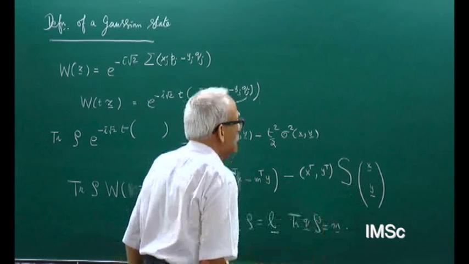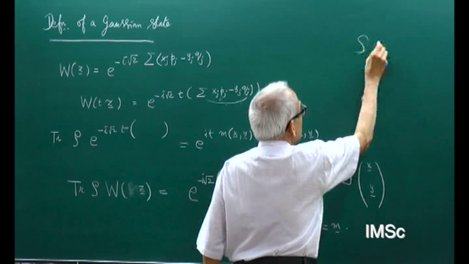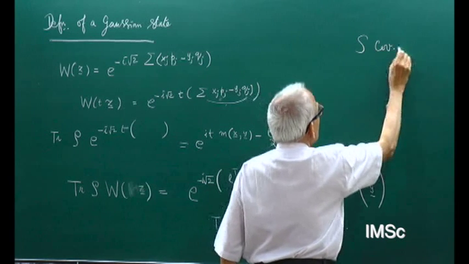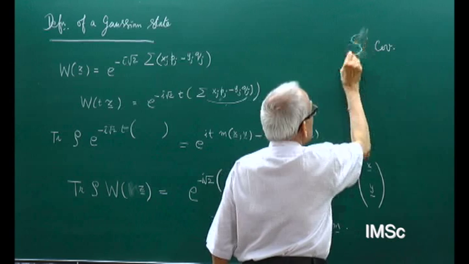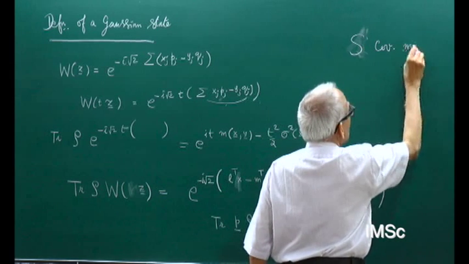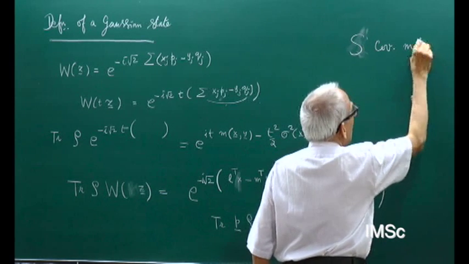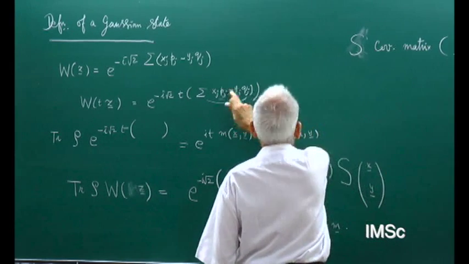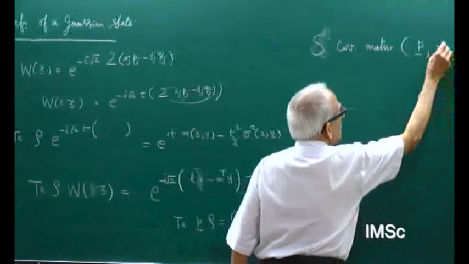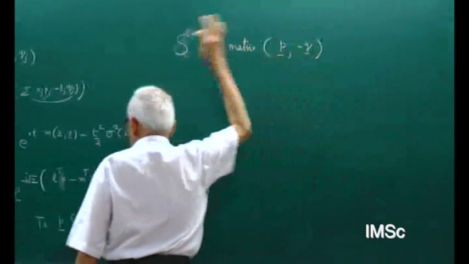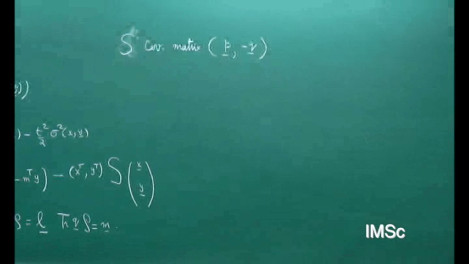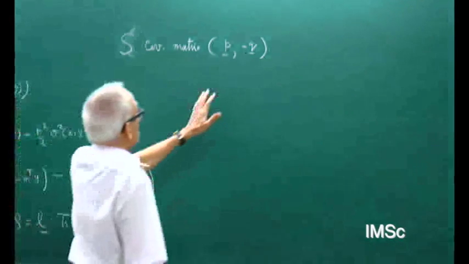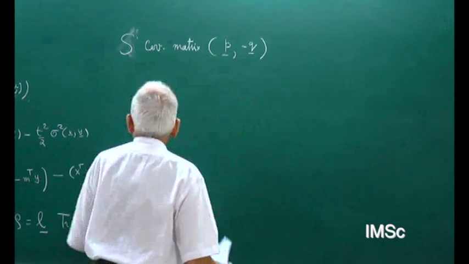So, because of that, S is the covariance matrix of the observables P and then there is this minus Q. So, what we still call, by abuse of language, the covariance matrix of the Gaussian state.